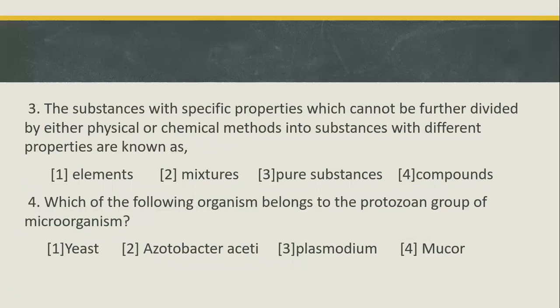Third question: the substances with specific properties which cannot be further divided by either physical or chemical methods into substances with different properties are known as: first answer, elements. Second, mixtures. Third, pure substances. Fourth, compounds.